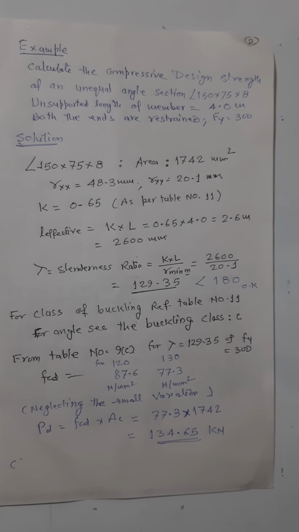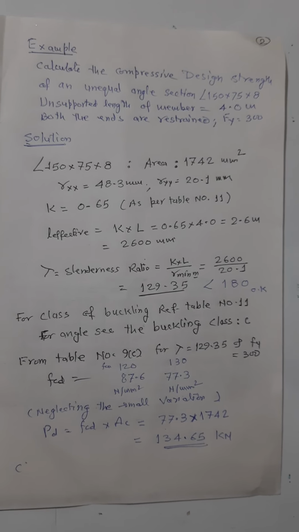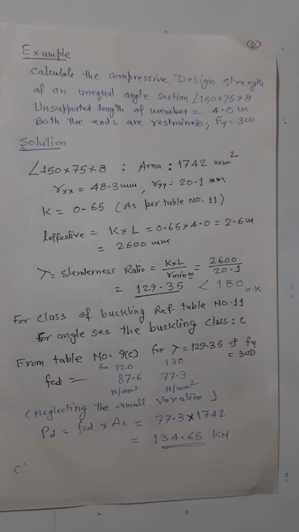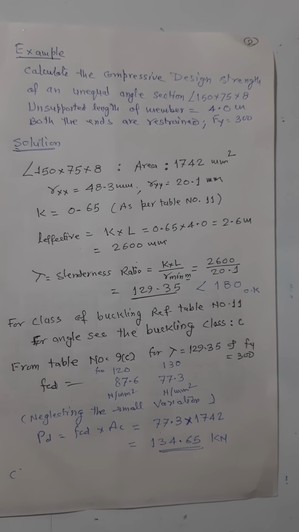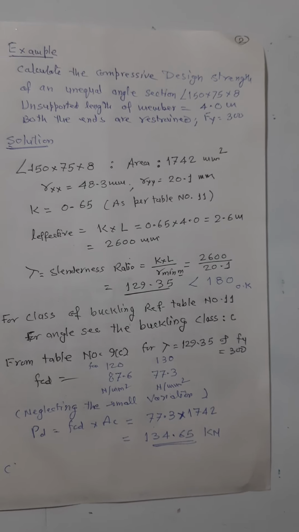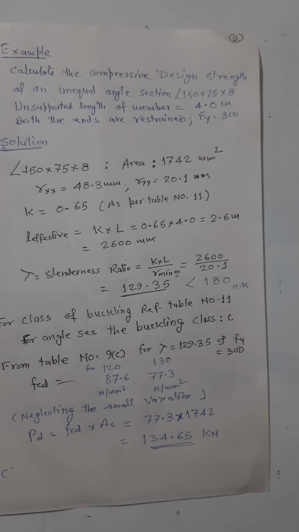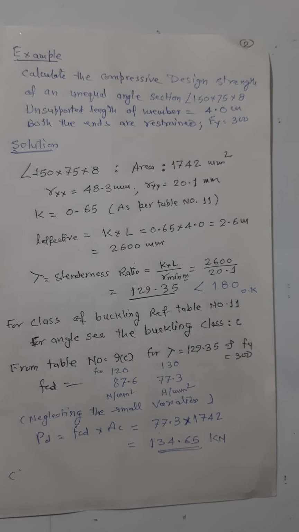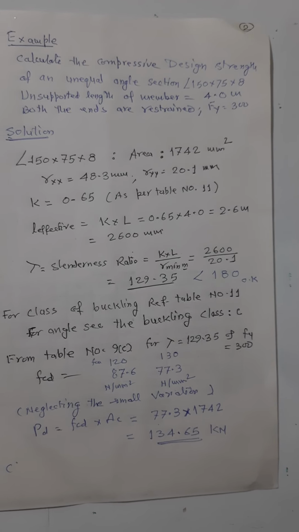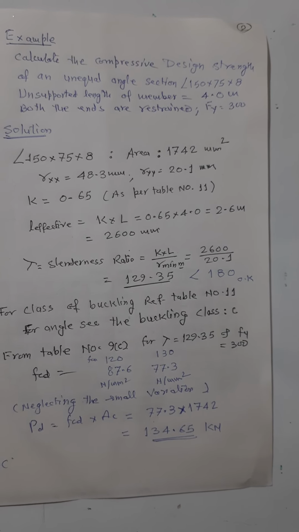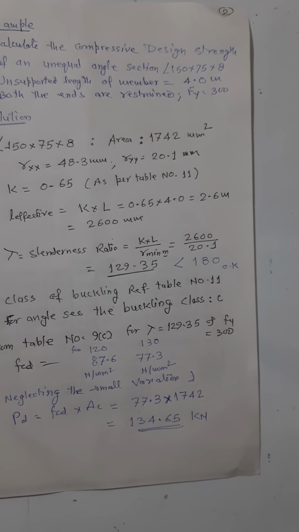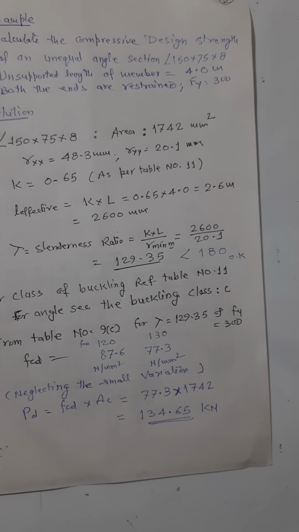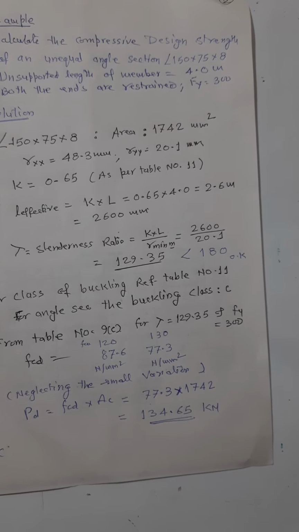Otherwise, just take note that when we are talking about the single angle section, Ryy is always minimum. And when we are talking of two sections joined together or placed back to back or face to face or with any condition, under those circumstances, Rxx should be taken as R minimum, although it seems to be more, but we'll try to solve the problem if time permits. Otherwise, just consider why it is coming out to be taken as Rxx.